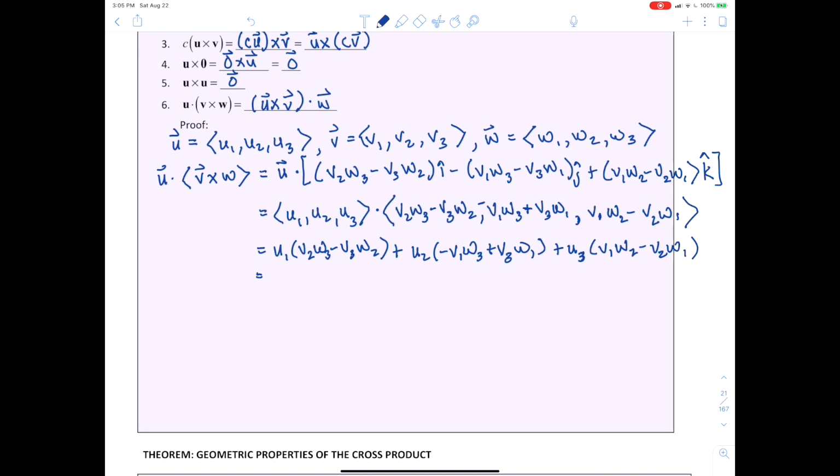And I'm going to need to basically pull the W's out of there. So let's just see what happens. I'm just going to multiply through, and then we'll group the terms that have U's and V's together and the W terms together.